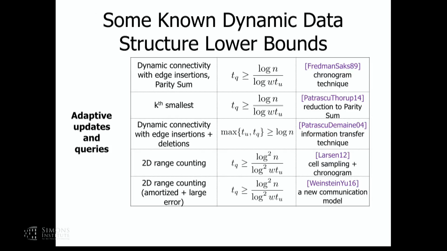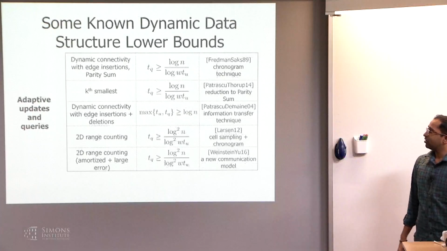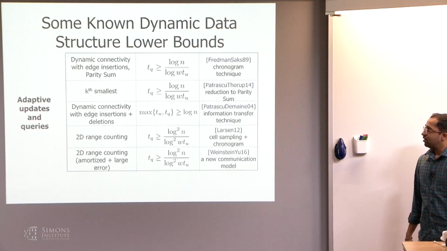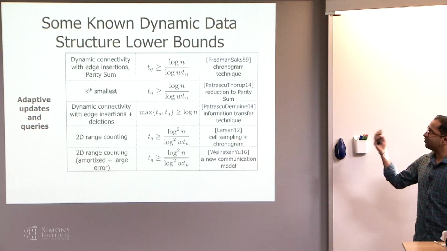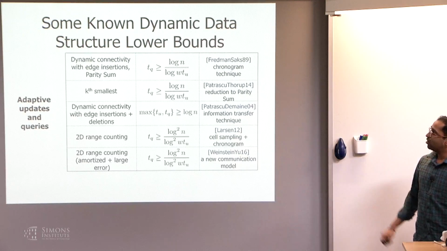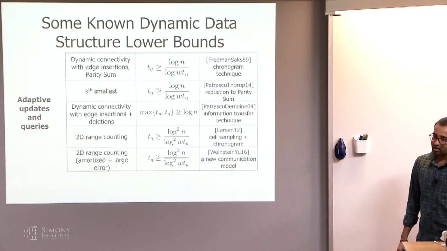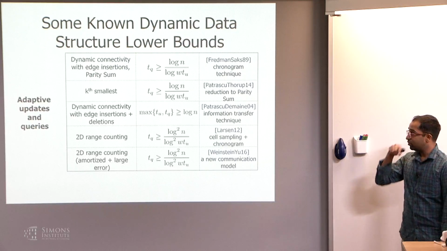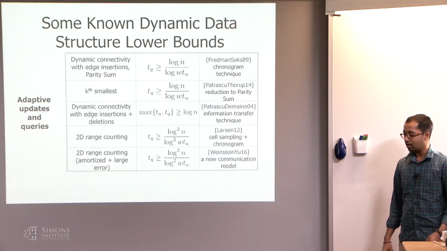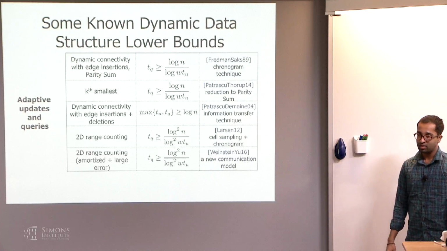Before I discuss our results, I just wanted to say that the question of proving dynamic data structure lower bounds has been well studied, starting from the work of Fredman and Saks, where they show a lower bound of the form log n over log log n on the maximum of the time to perform the query or perform the update.